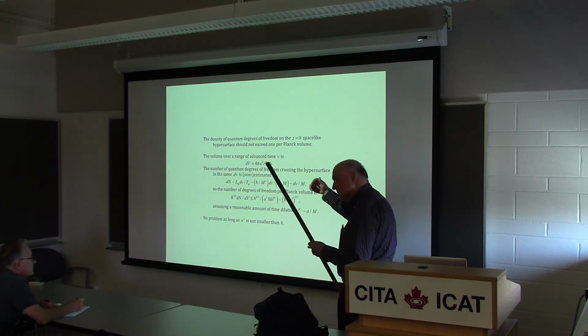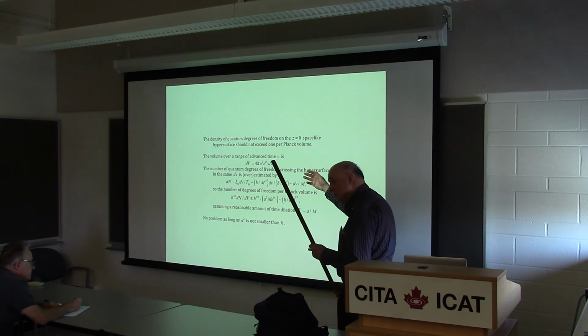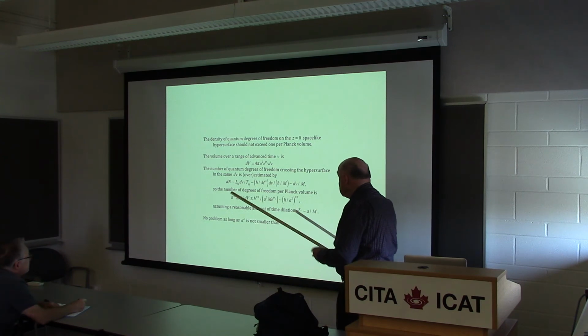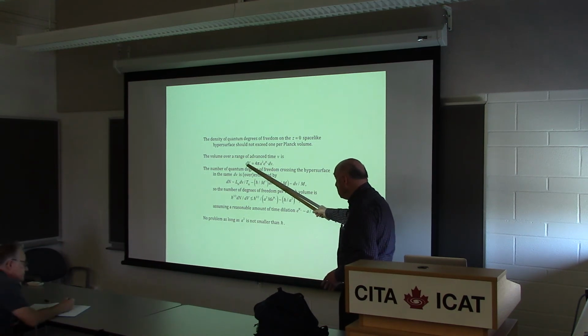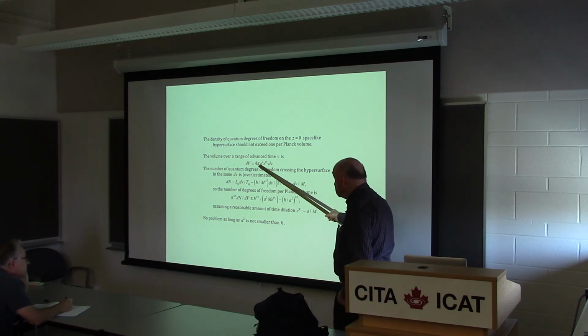Because, aside from this factor of e to the psi v, the range of advanced time is usually long. So in advanced time dv, you have a volume at this minimum hypersurface given by this.